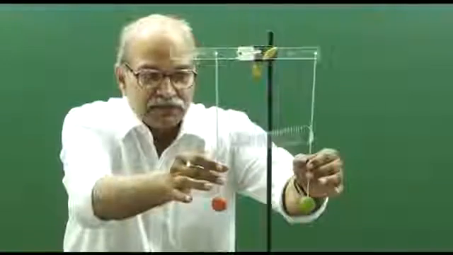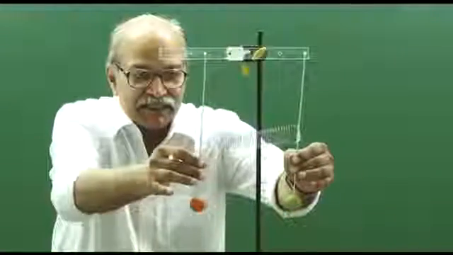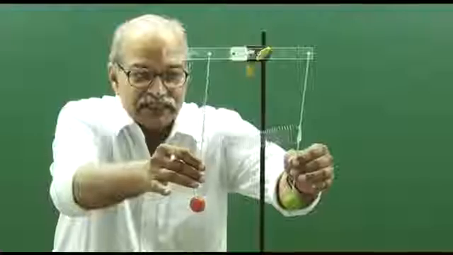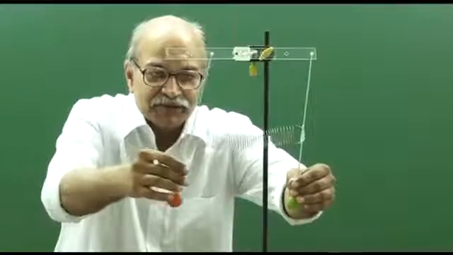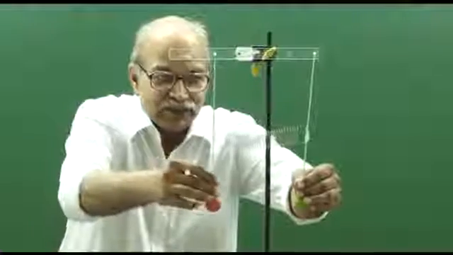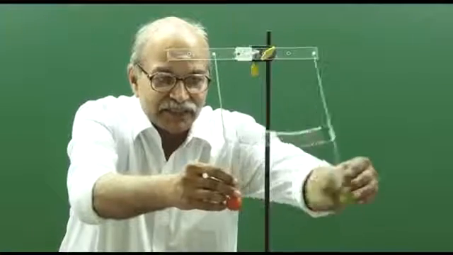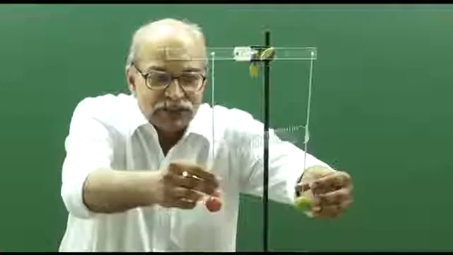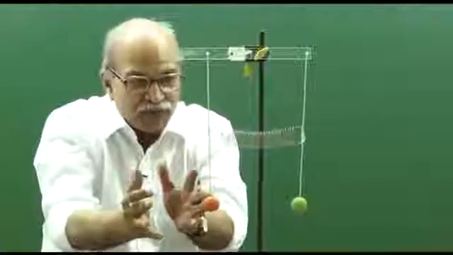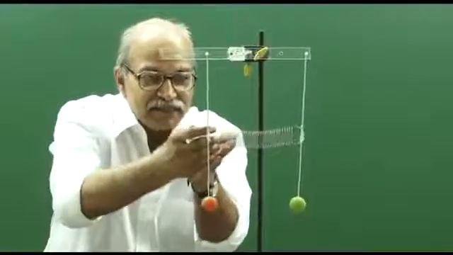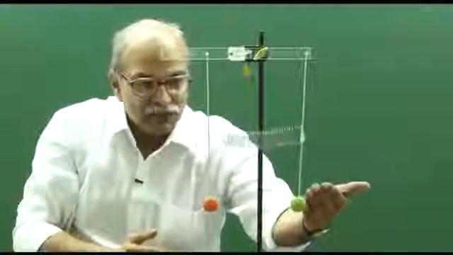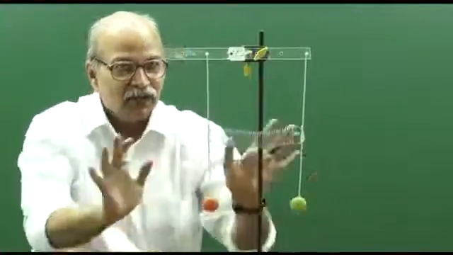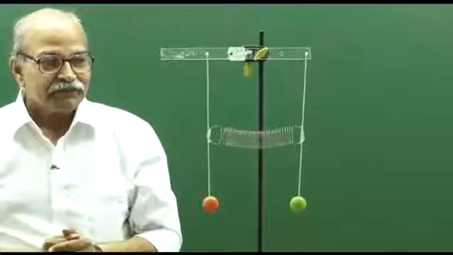If the length of the spring increases, the spring will exert force on this one as well as on this one. If this moves, the length changes, or it moves this way, the length changes. So, motion of one ball will affect the length of the spring, and then that will affect the force on the second ball. That is how these balls will interact.